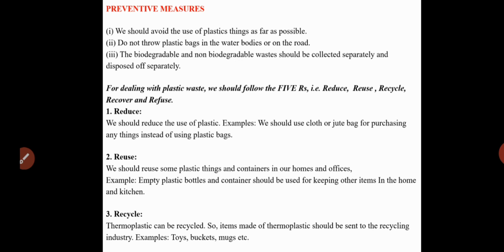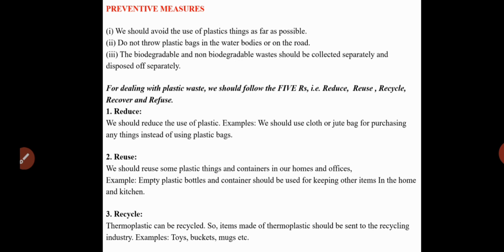And also, do not throw plastic bags in water bodies or on the road. After using plastics, you have to avoid mixing them with nearby water bodies and also the road.